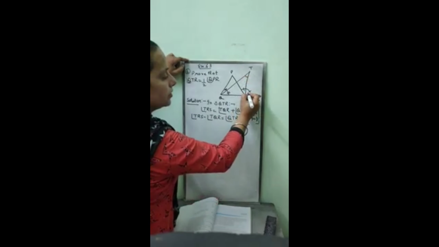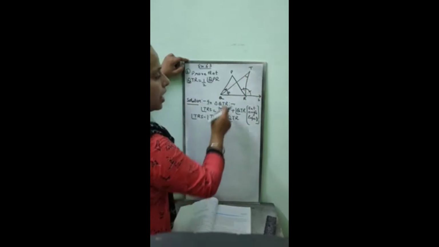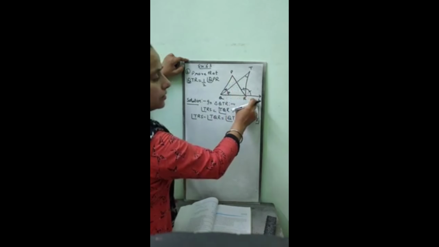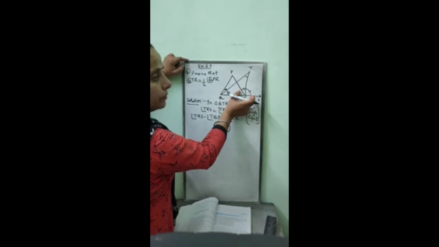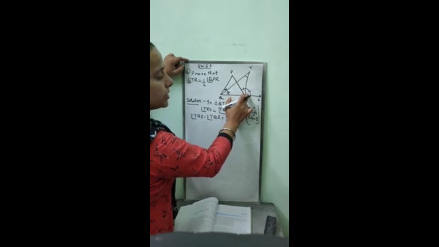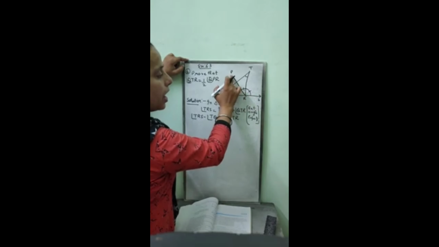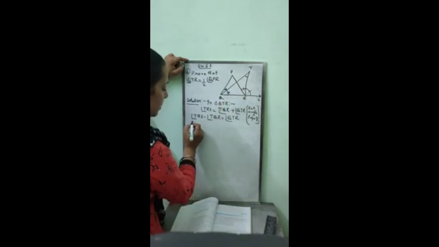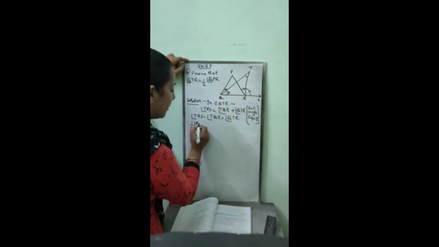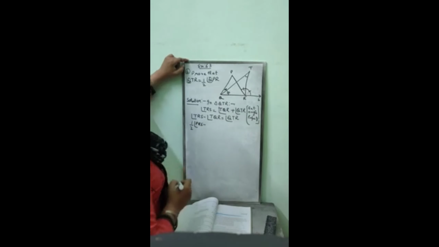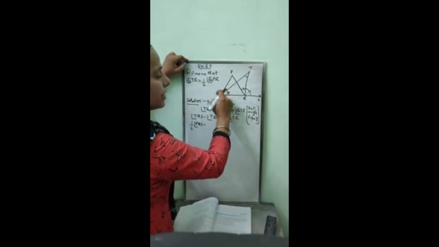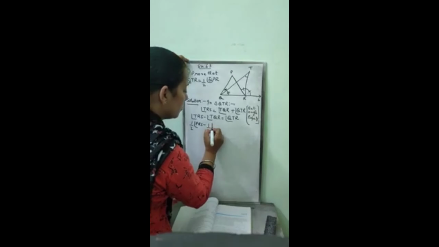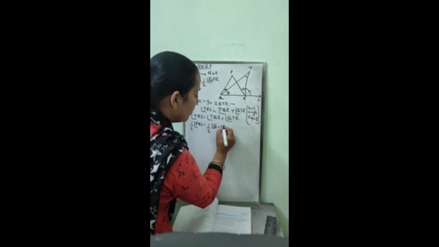TRS, this angle, is half of angle PRS. Why? Because TR is the bisector of this angle. If we talk about this angle, this will be half of PRS. Same with TQR. This angle is half of angle Q. Why are these half?